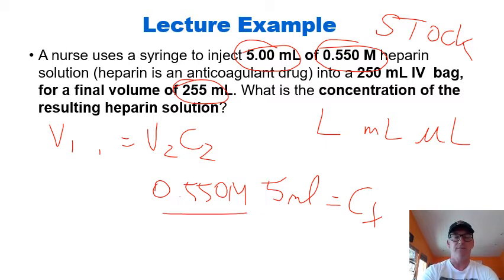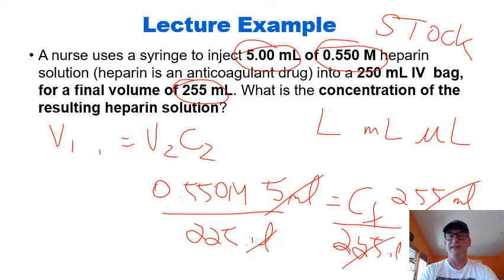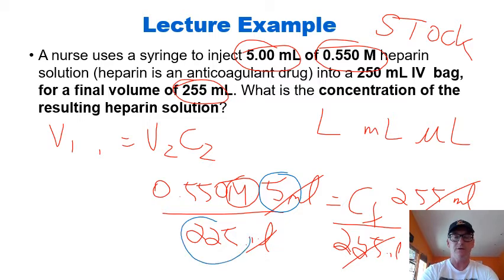So if I divide both sides by 255 mL, the mL cancel, and now the only unit I have left is molarity. So this is my dilution factor, 5 over 255, and that tells me what my final concentration will be.